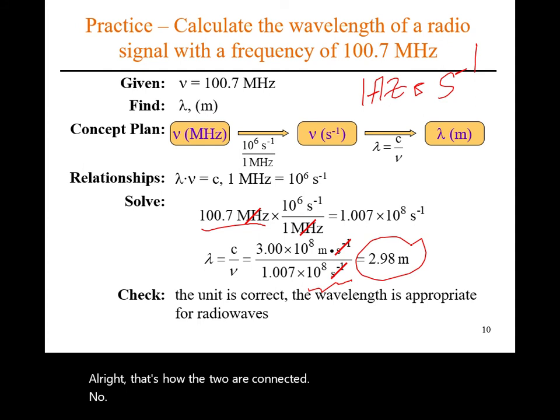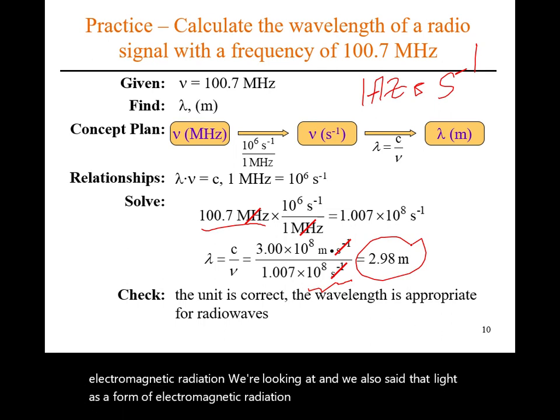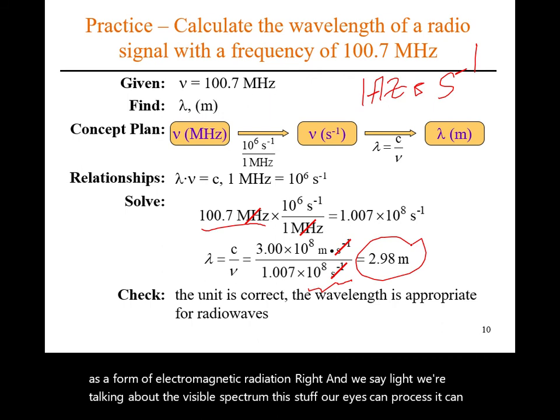Now, as I said, the wavelength determines the nature, the identity of whatever electromagnetic radiation we're looking at. And we also said that light is a form of electromagnetic radiation, right? And when we say light, we're talking about the visible spectrum, the stuff our eyes can process and can see. And we know there are many different colors, right?